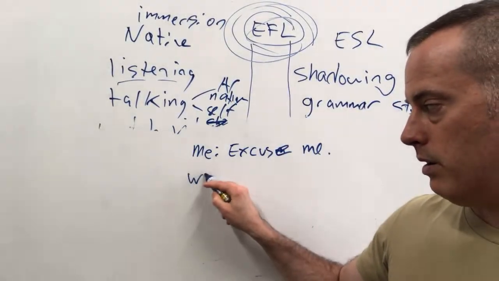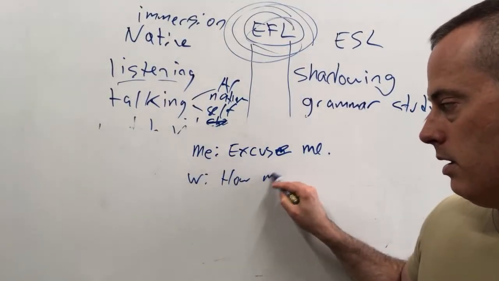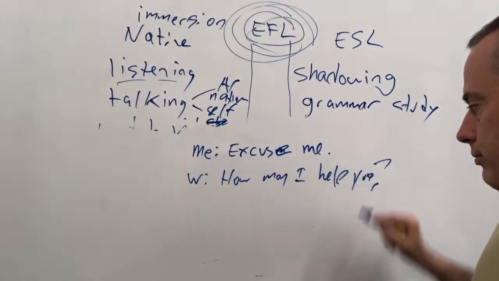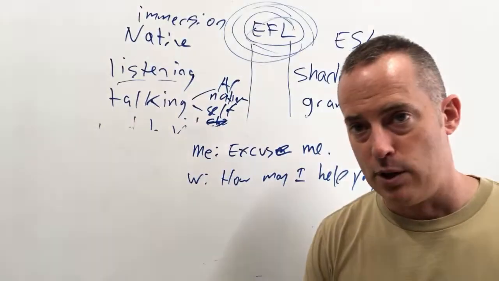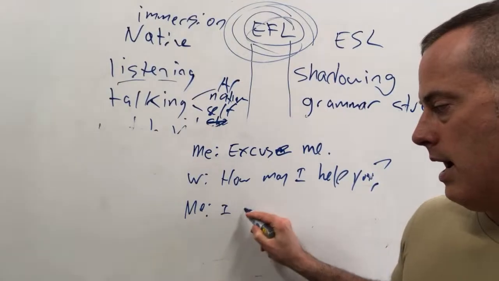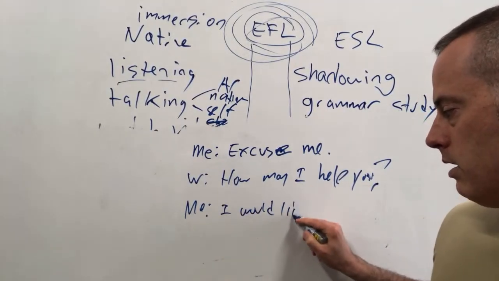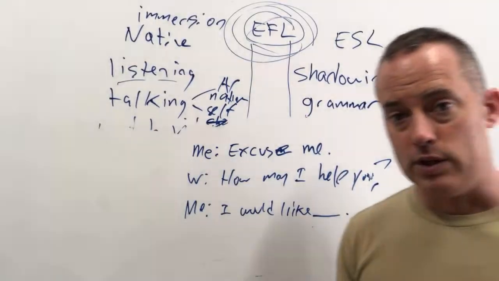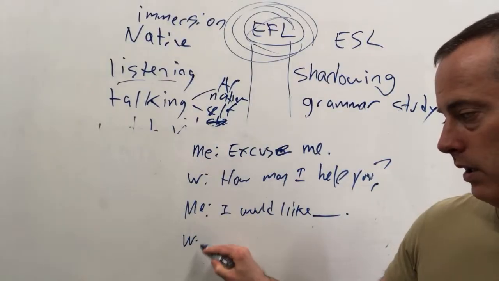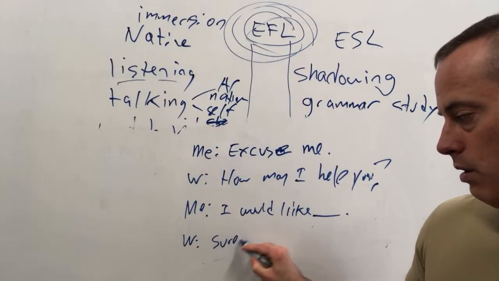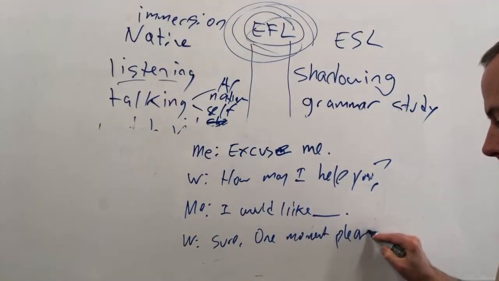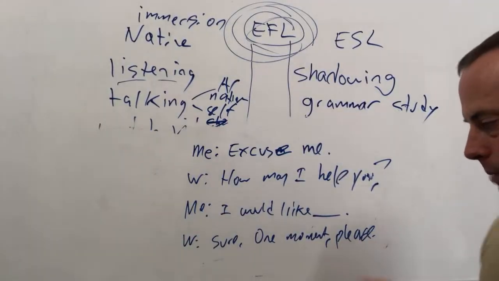And then the waiter says, "How may I help you?" Pardon my sloppy writing as I'm trying to get this out quickly. And then I say, "I would like whatever," so I would like a beer, or whatever it is. And then the waiter says, "Sure, one moment, please."